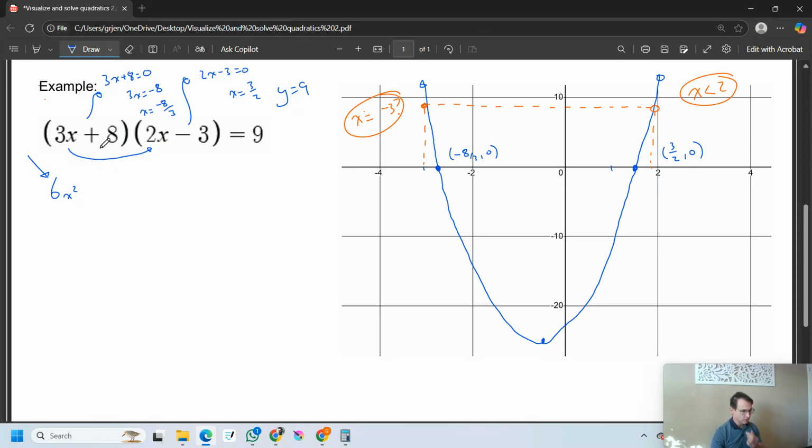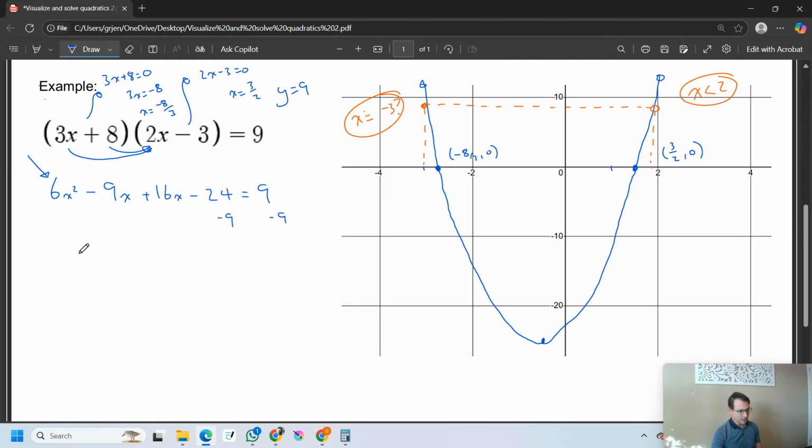So the work is, first we expand. So 3x times 2x gives us 6x squared. 3x times minus 3 is minus 9x. 8 times 2x is plus 16x. And 8 times minus 3 is minus 24. And that's equal to 9. We are going to set this to 0, so let's subtract 9 from both sides while we're at it.